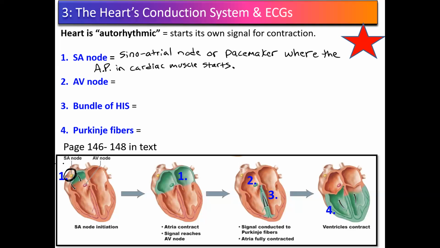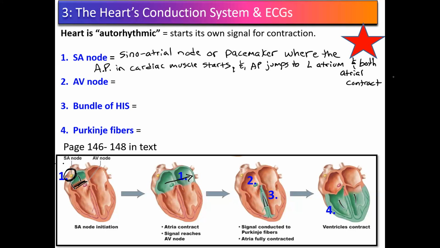So step one, that little yellow thing is the pacemaker right up there in the upper wall of the right atrium. An action potential starts in the right atrium. Immediately, part of step one, that AP jumps over to the left atrium. So I'll say AP in the cardiac muscle starts, and action potential jumps to the left atrium, and both atria contract.